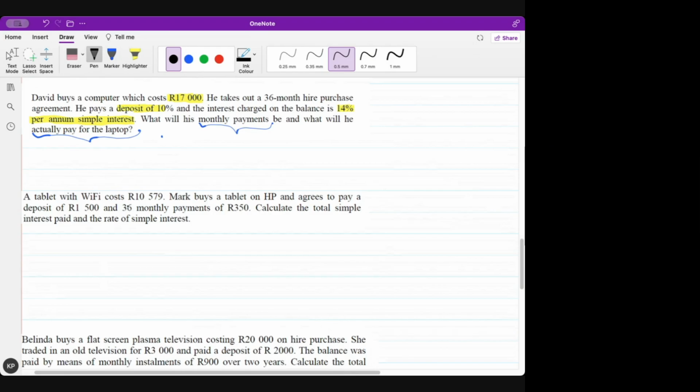Let's get going. Great. Abu already has the deposit for us. Thank you. That's 17,000 Rand times 10%, which is 1,700, which means my loan amount is the 17,000 minus 1,700.